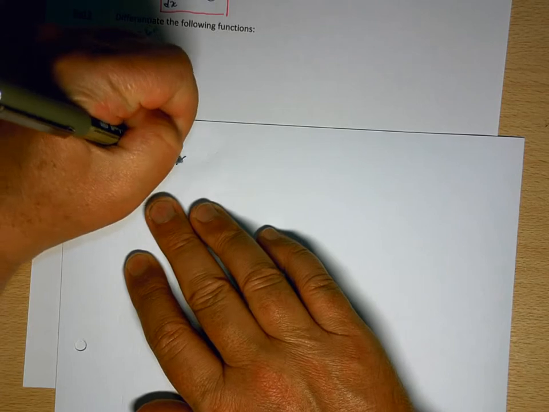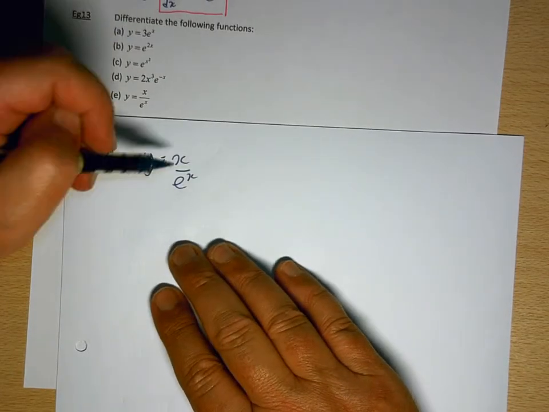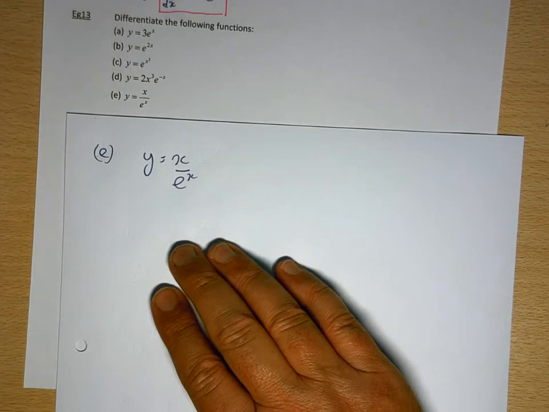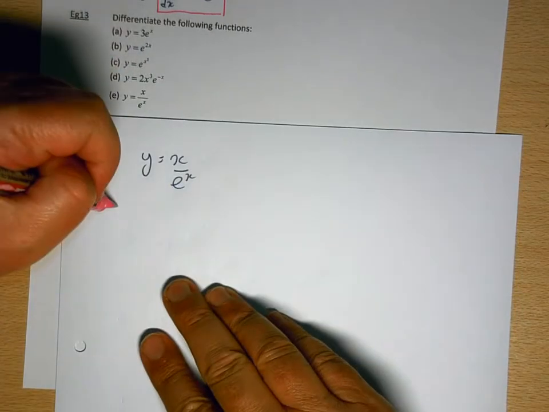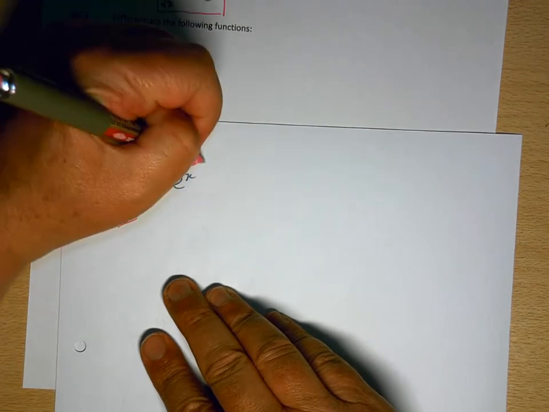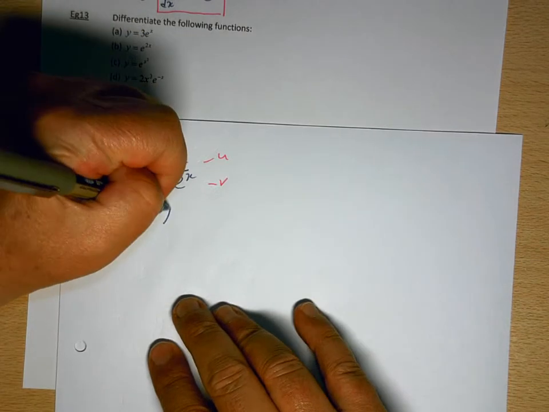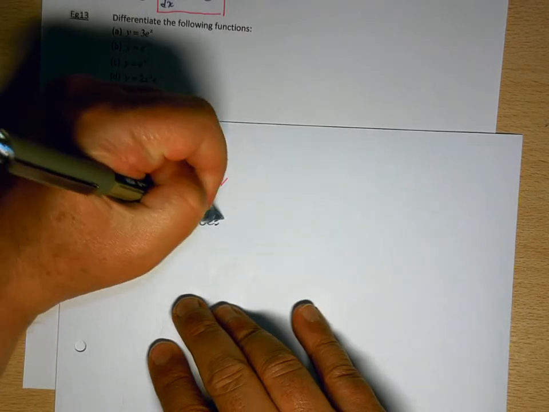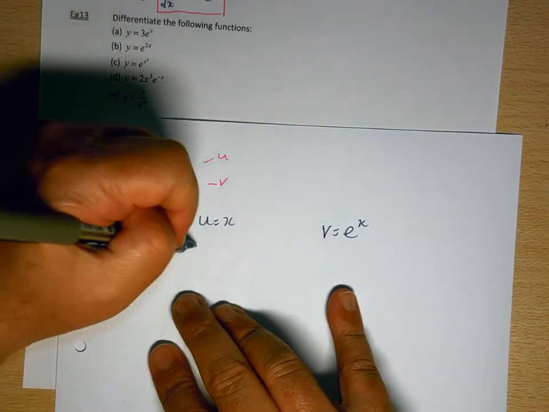Y equals x over e to the x. So clearly we've got a division going on there, or a fraction. So it's going to be a quotient rule. That's u, that's v. So we let u equal x, v equal e to the x.